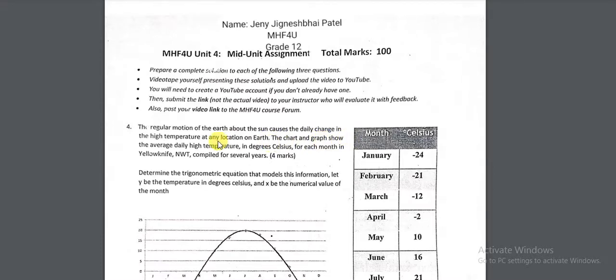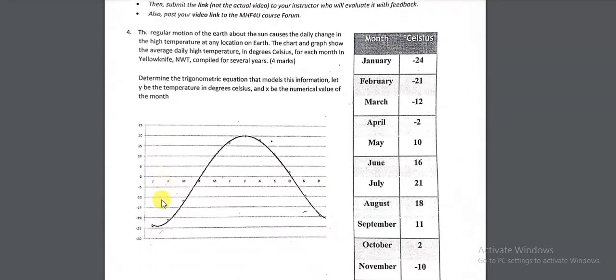The chart and the graph show the average daily high temperature in degrees Celsius for each month in Yellowknife, NWT, compiled over several years. Determine the trigonometric equation that models this information. Let y be the temperature in degrees Celsius and x be the numerical value of the month. Here the graph is given.